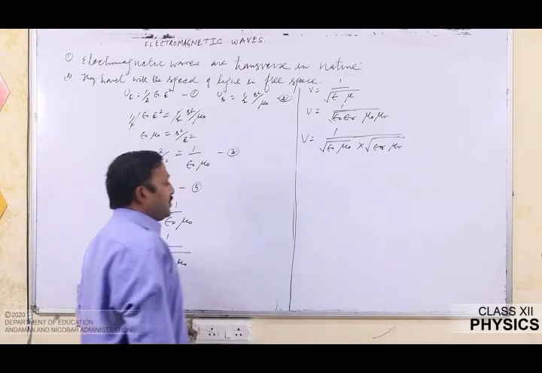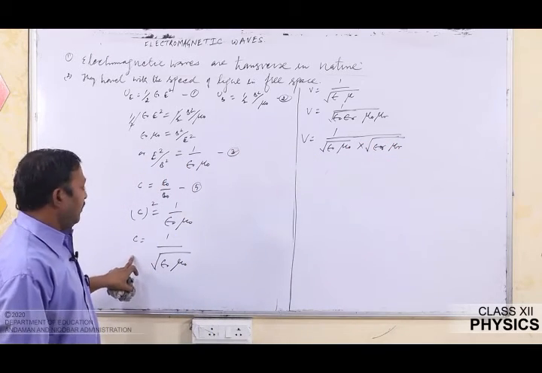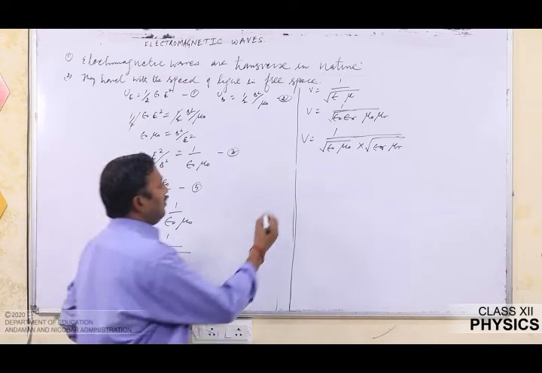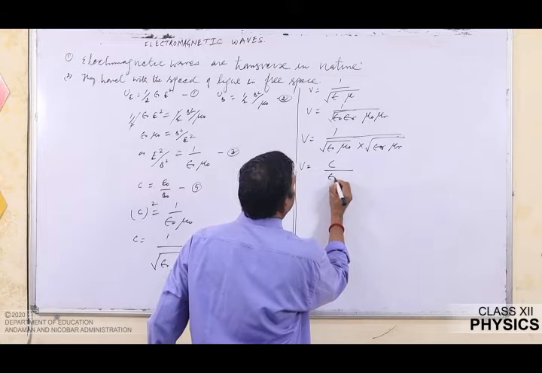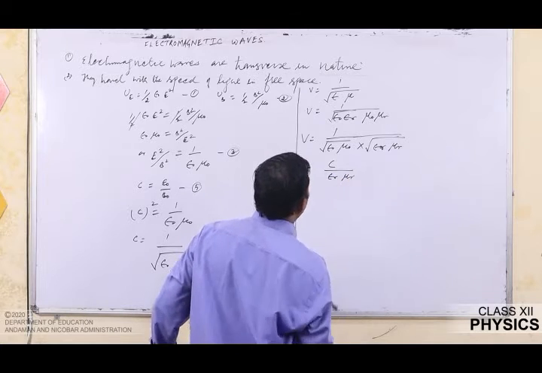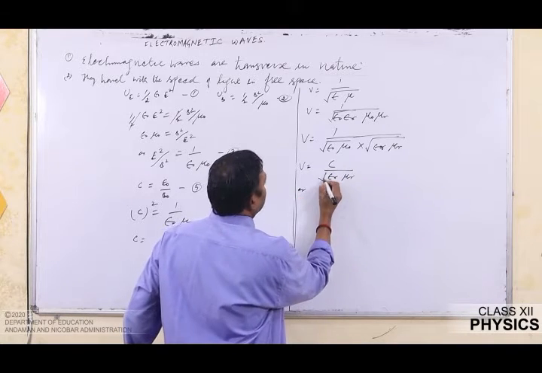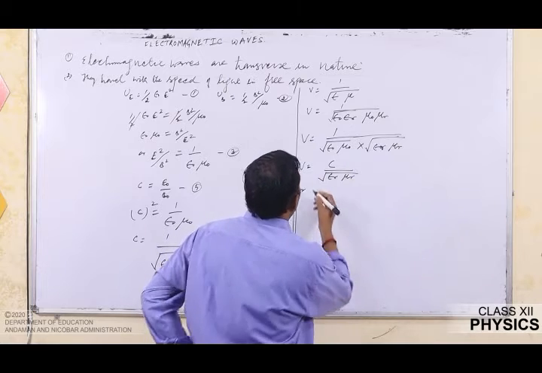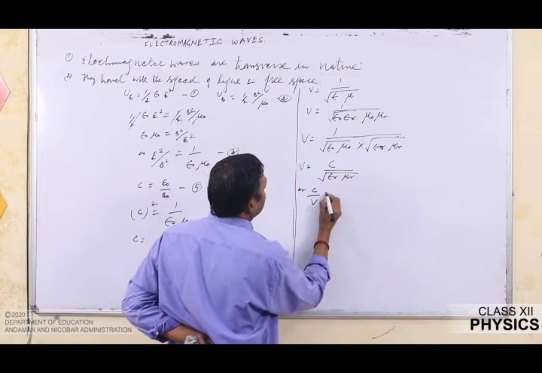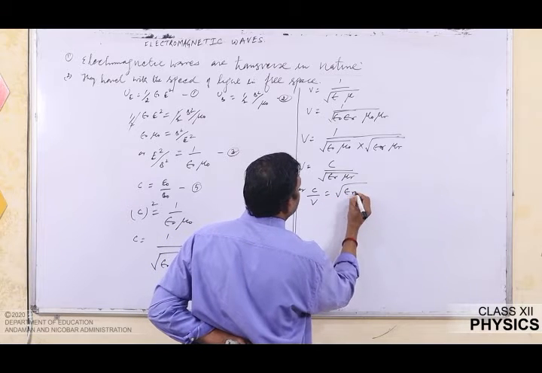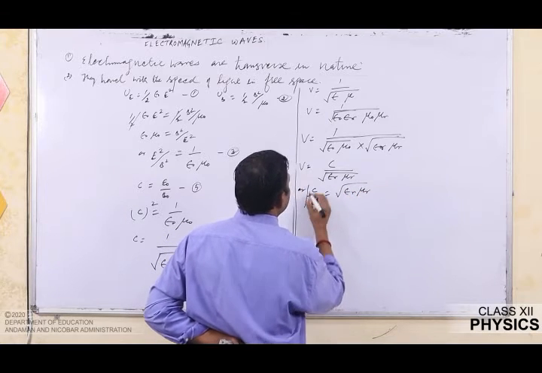In place of 1 by under root epsilon 0 mu 0, we can put the value C, which gives V equal to C divided by under root epsilon r mu r, or this can be written as C divided by V is equal to under root epsilon r mu r.